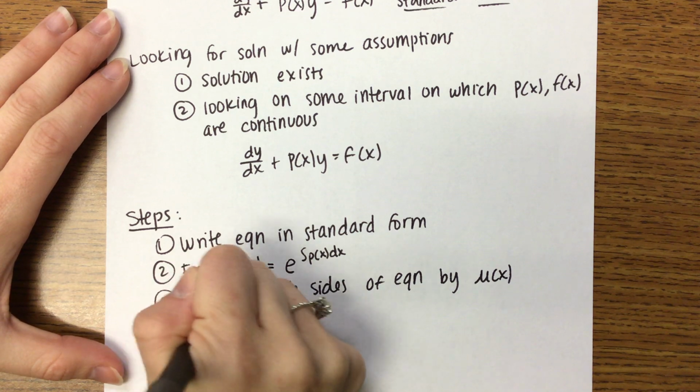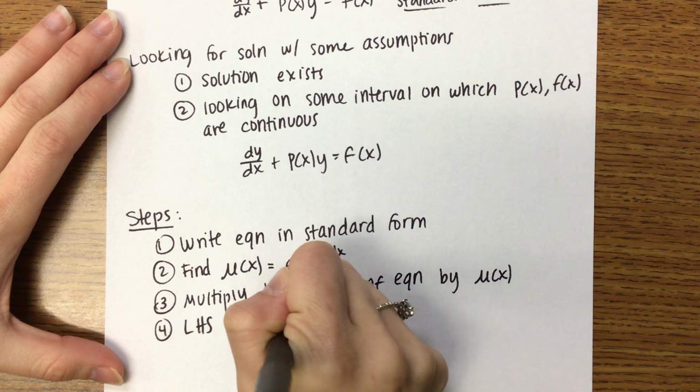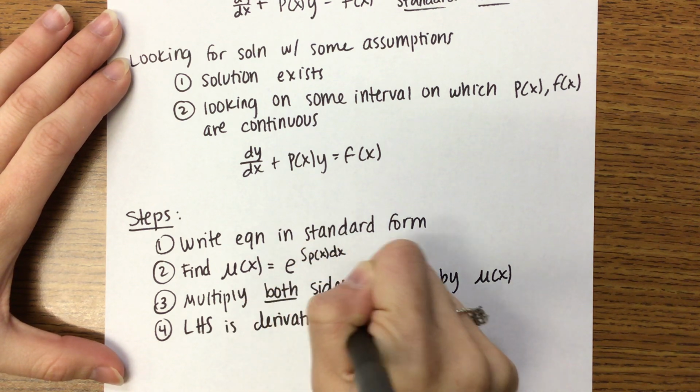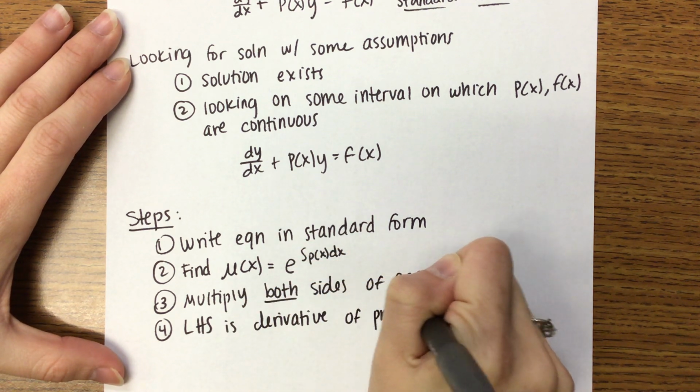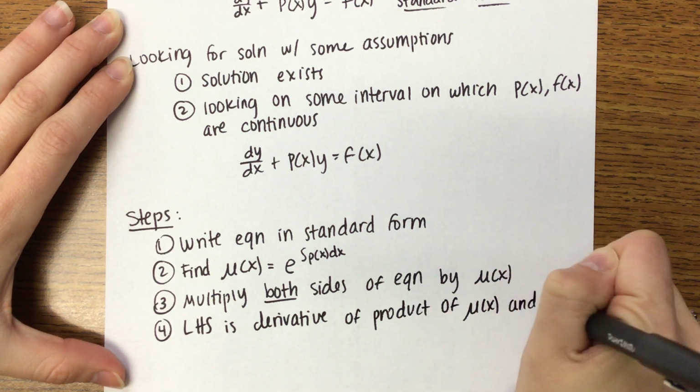The left-hand side of the equation is going to be the derivative of the product of mu of x and y.